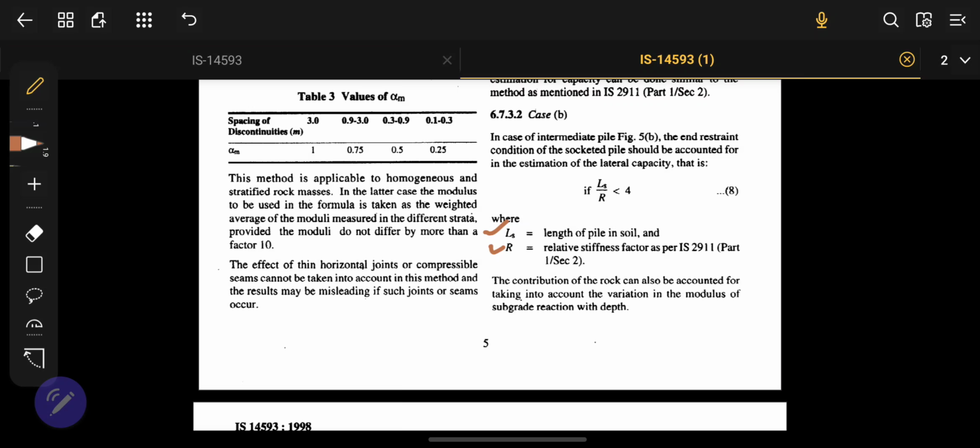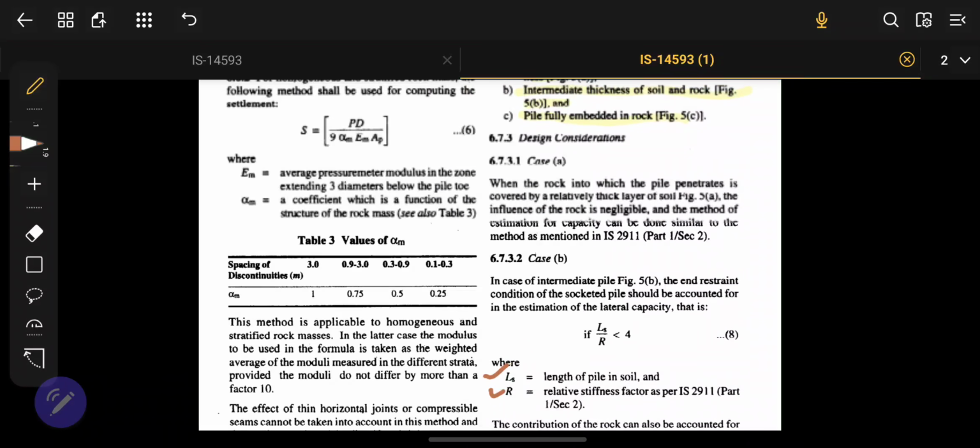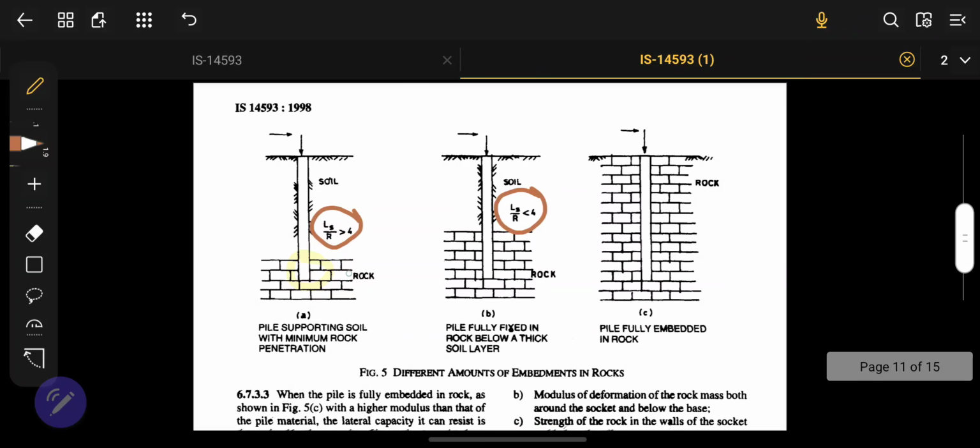LS by R we have to evaluate, and if it is less than 4, in case of intermediate, when the rock into which the pile penetrates is covered by a relatively thick layer of soil, the influence of the rock is negligible, and the capacity can be estimated similar to the method mentioned in 2911. So what they are saying is, for case A, if the rock is well below a soil layer of considerable thickness, then we don't say that the rock is governing the design.